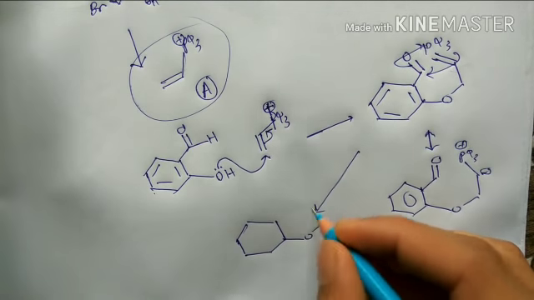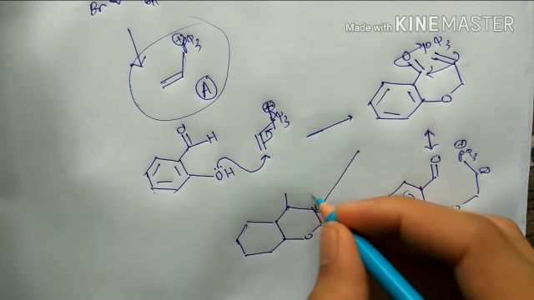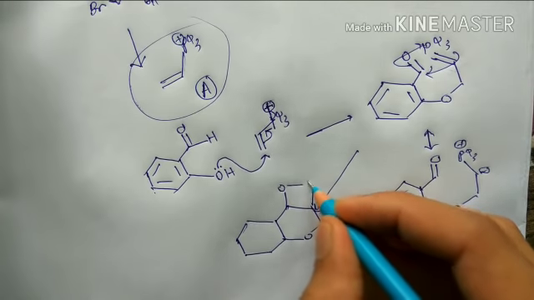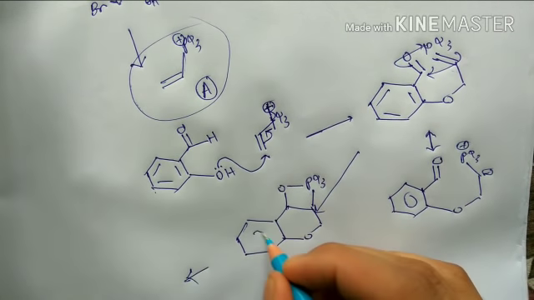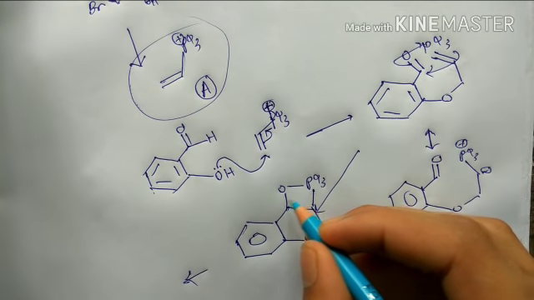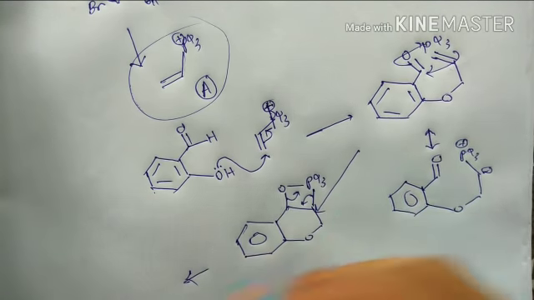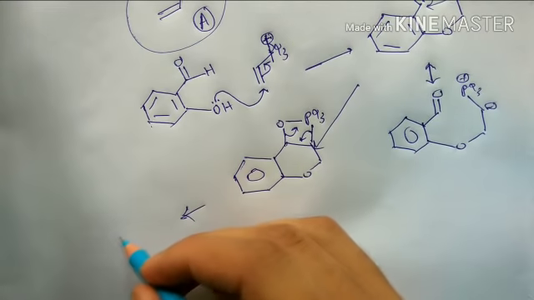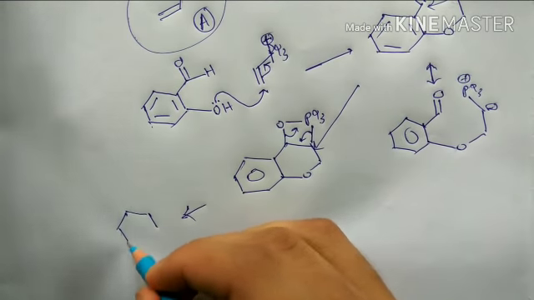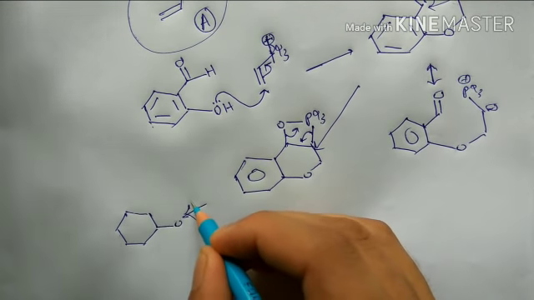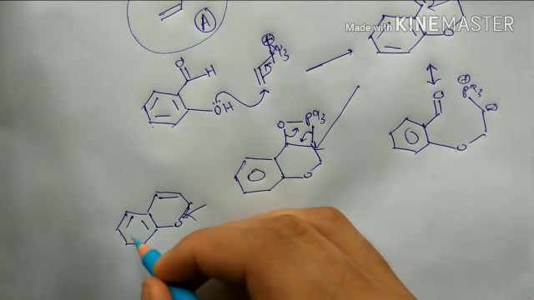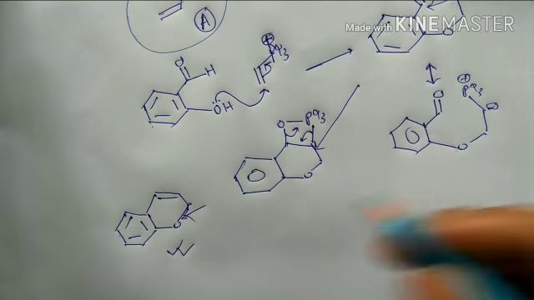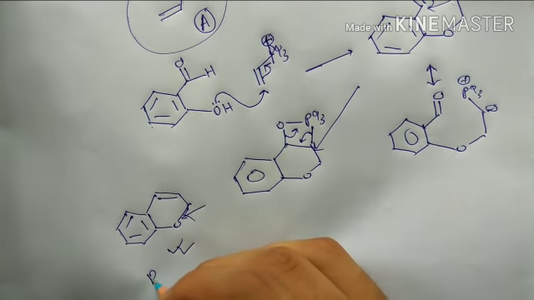So you will get this one. Now it will collapse to give you the product. Here you have a double bond, so basically this is your product. So this is your product B you have to predict.